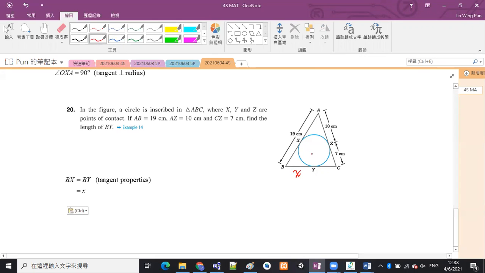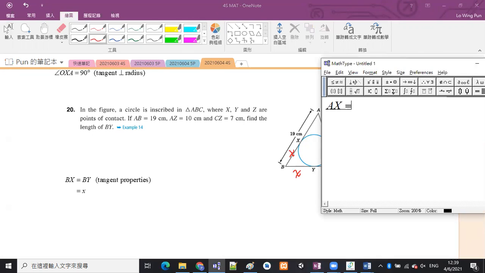So this one should be equal to X. And then, I know that length of AB is 19. And then part of this, BX, is X. Which means that this AX, the other part, should be 19 minus X, right? So AX is equal to 19 minus X.